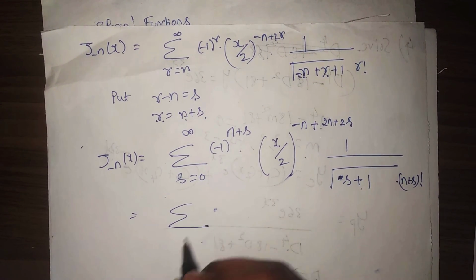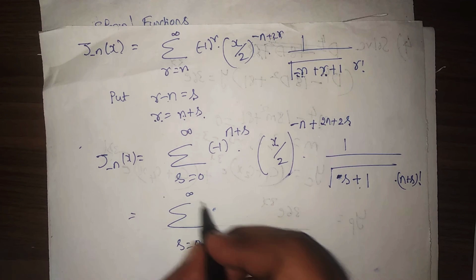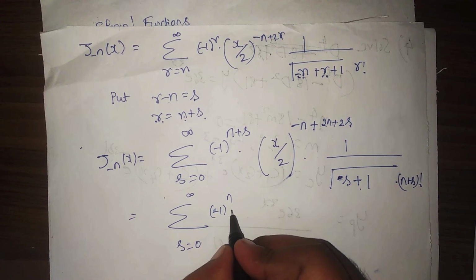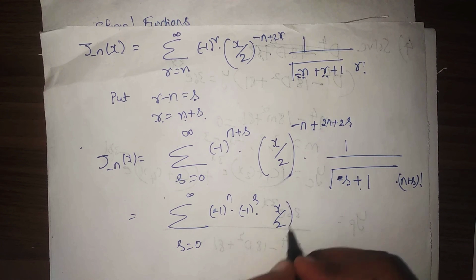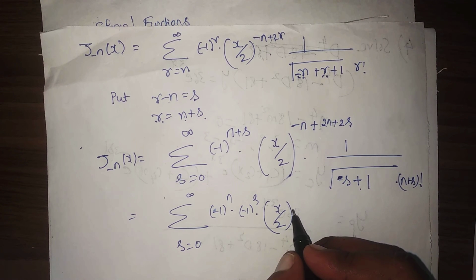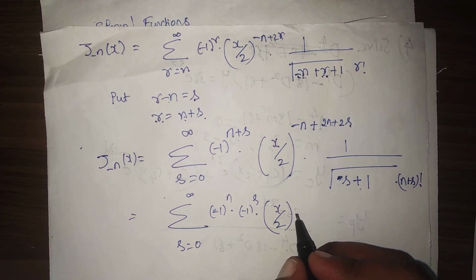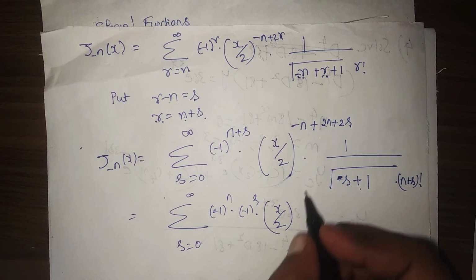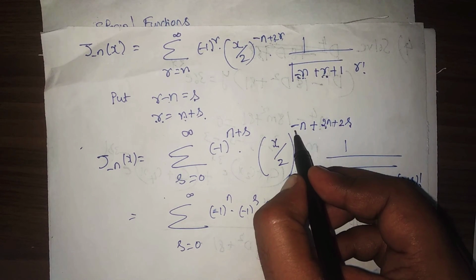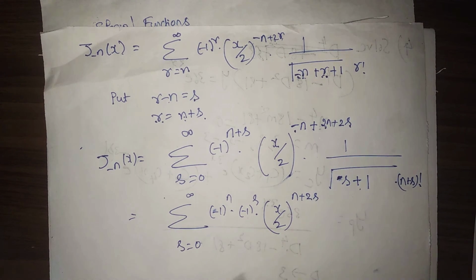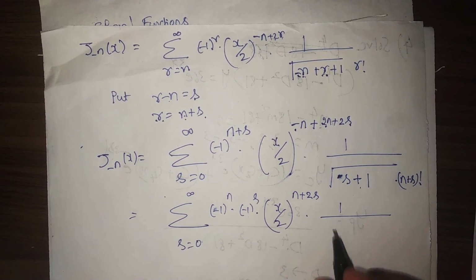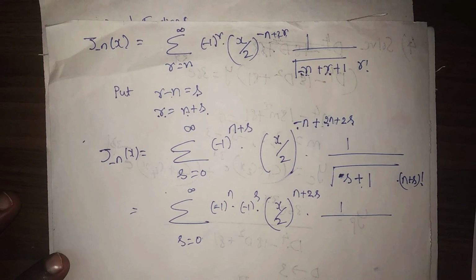Now if you just rearrange this, minus 1 whole to the power of n into minus 1 whole to the power of s, x by 2 into x by 2 to the power of, if you observe, 2n minus n is n, so it is n plus 2s, 1 divided by... I told you the property of gamma function.